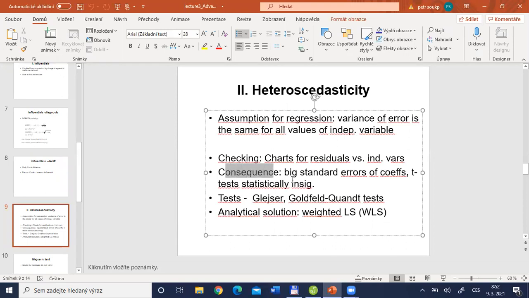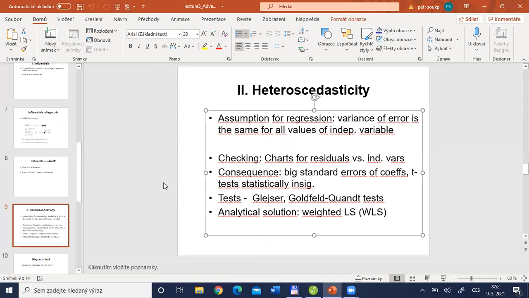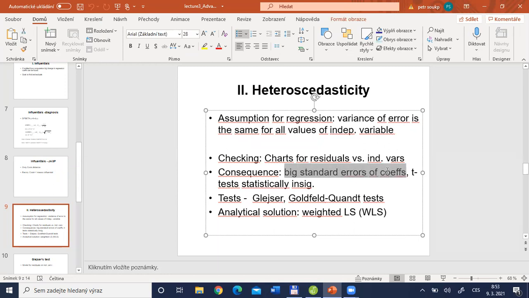We should discuss briefly the consequences of heteroskedasticity in my data. If my data follow this picture, or other options that can be present in heteroskedasticity patterns, it can be that my standard errors for individual coefficients are bigger than they should be if there were no heteroskedasticity at all.